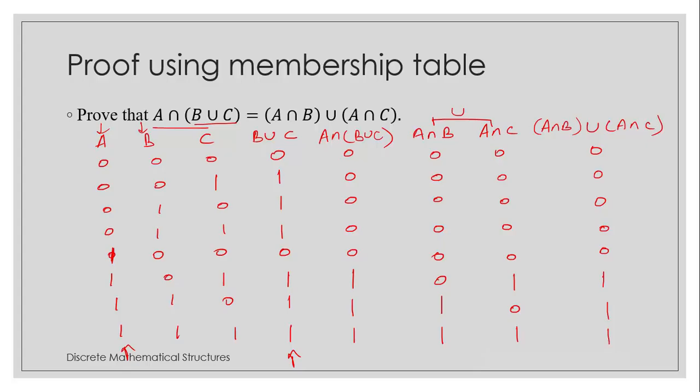Now this is our left hand side and this column is our right hand side. You can see that these two columns are identical. All the entries are same. So we can say that left hand side is equal to right hand side, or this identity is true. We have proved this.